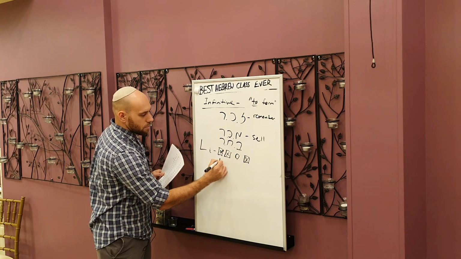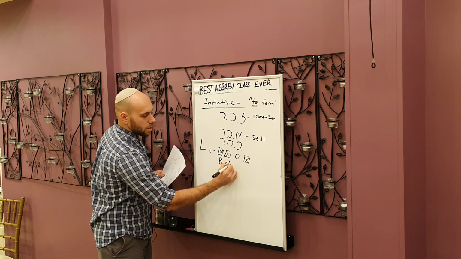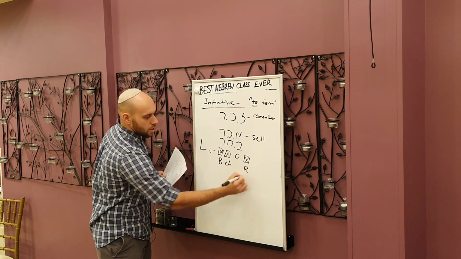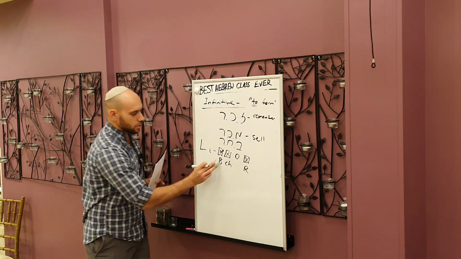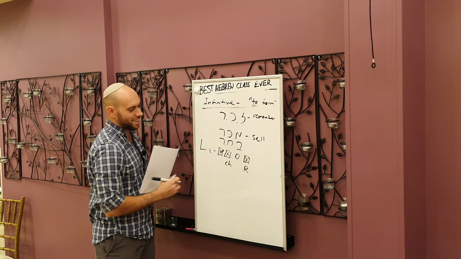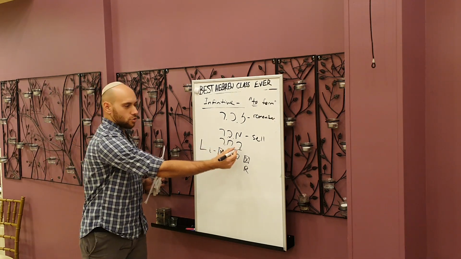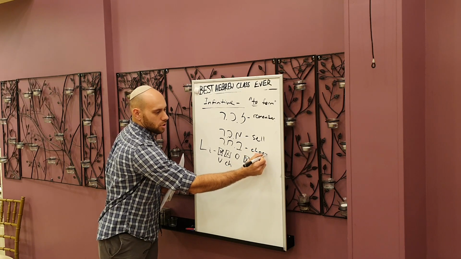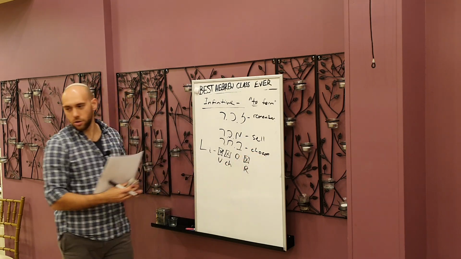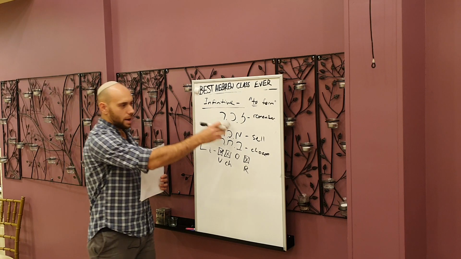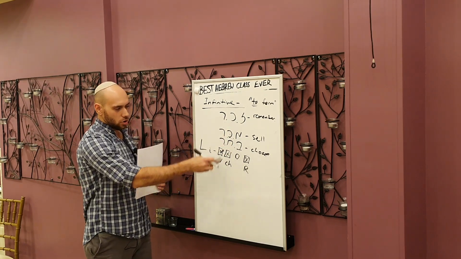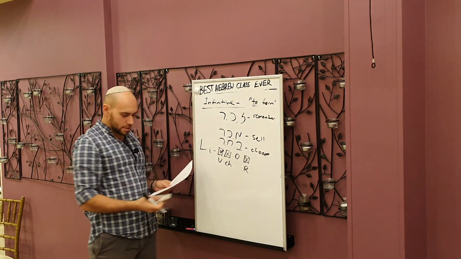So this is gonna be a B, this is gonna be a H, and this is gonna be an R. Oh, sorry, this B is gonna turn into a V. To choose. Livchor. So you see the pattern. Liskor, limkor, livchor. It's all exactly the same.